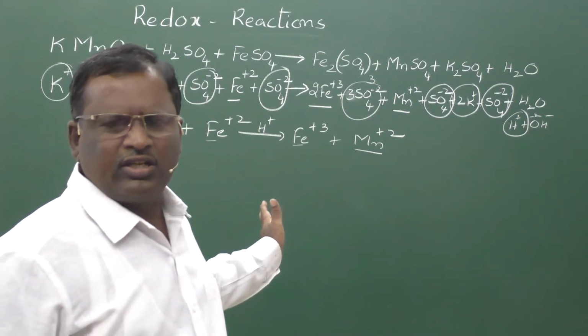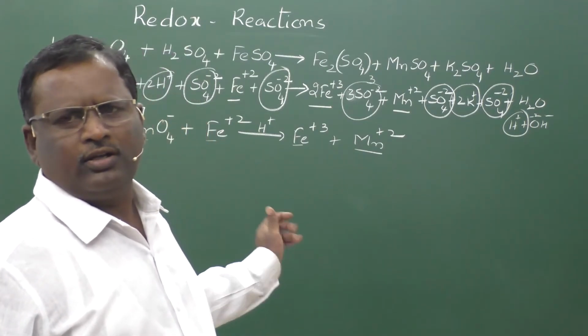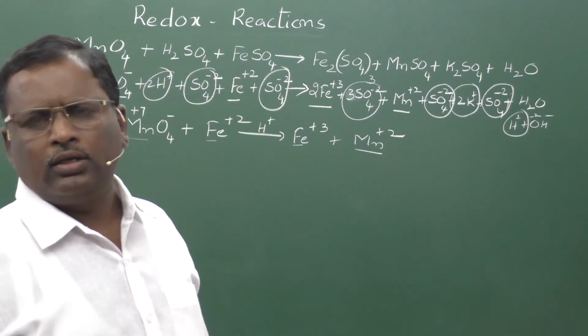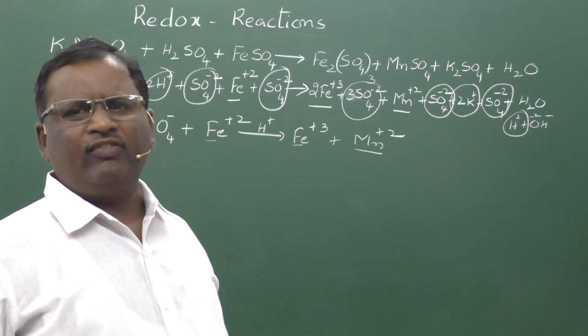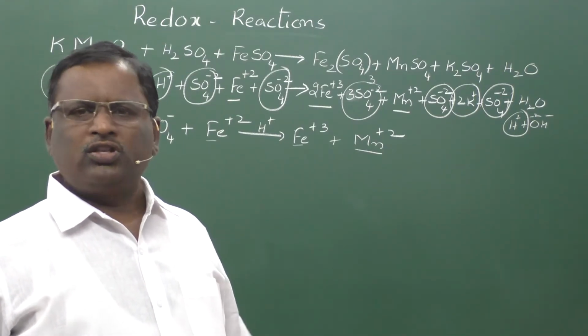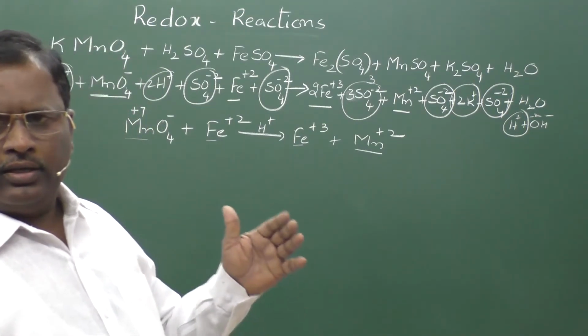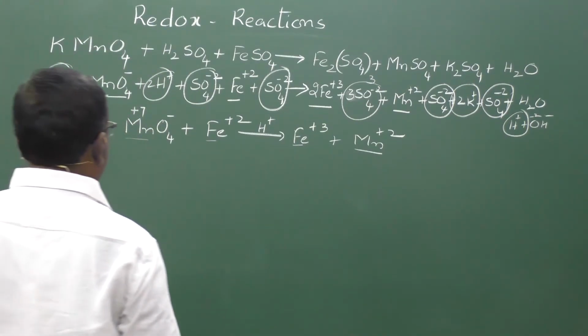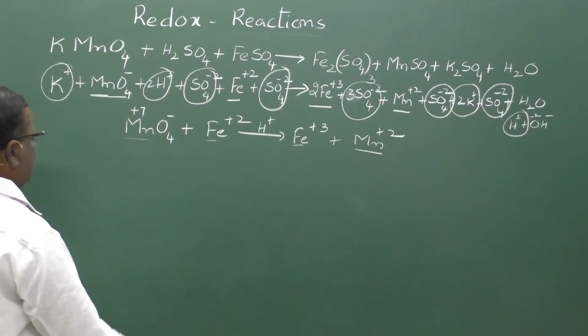But in that equation, electrons are not mentioned. Then how can we identify the oxidation and reduction? For that we have certain tricks to identify which is oxidized and which is reduced.